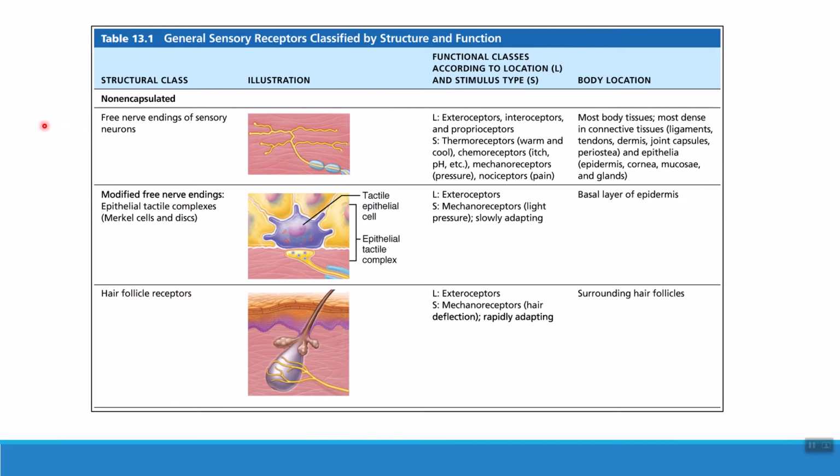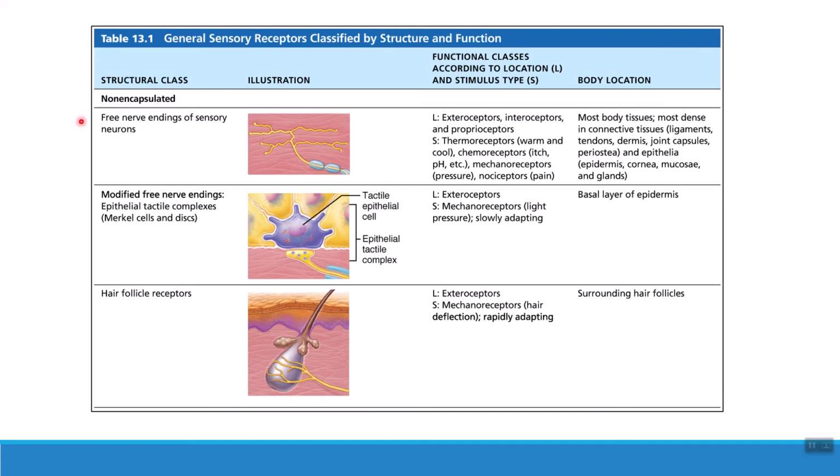For all of my friends who like to study tables, I want to mention that we have some summary tables here that classify receptors both based on their structure and on their function. When I talk about structure, what I mean is, do you have a capsule around you or do you not?